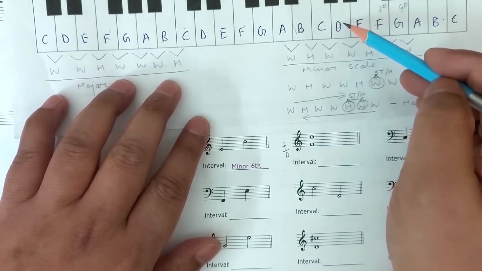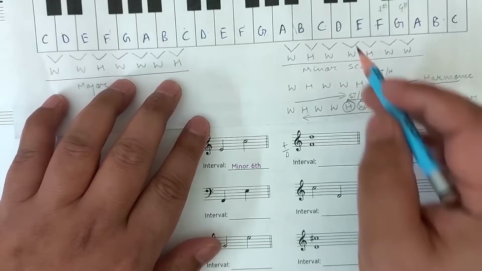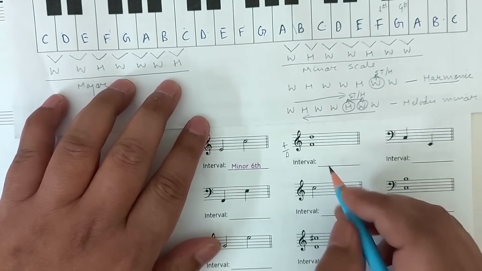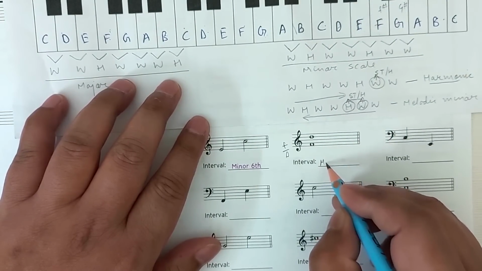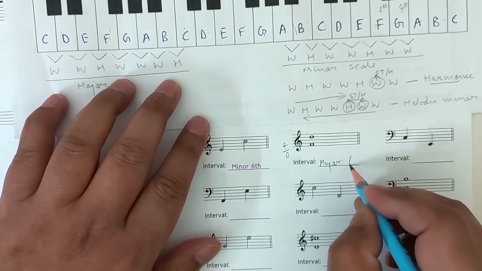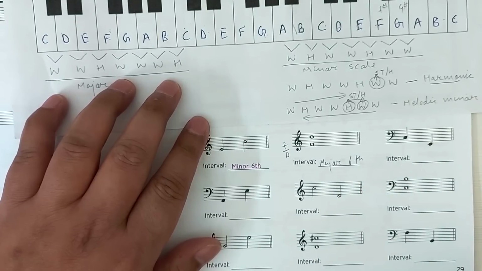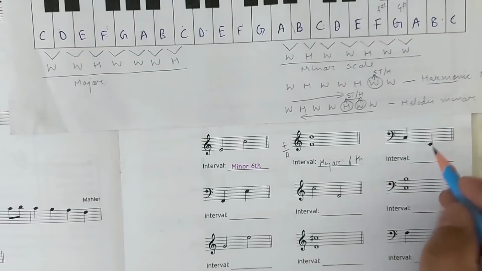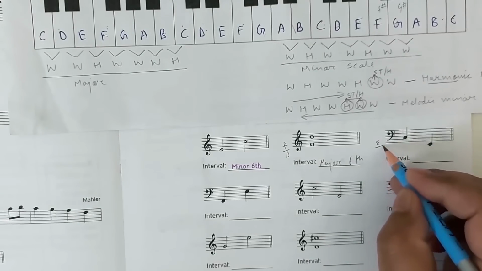So there is a 9 semitone distance. So this is our major sixth. If it had been 8, then it would have been a minor. But right now this is our major sixth.